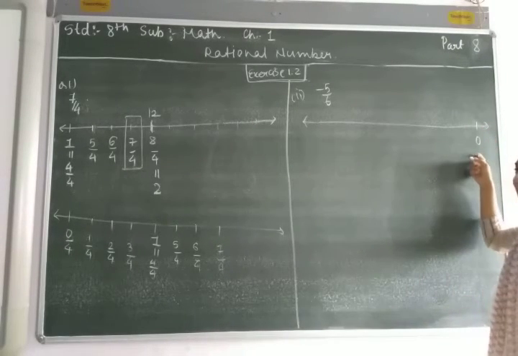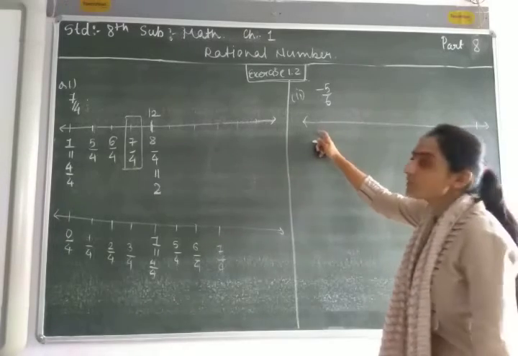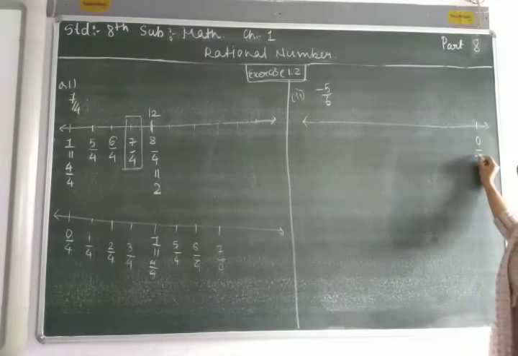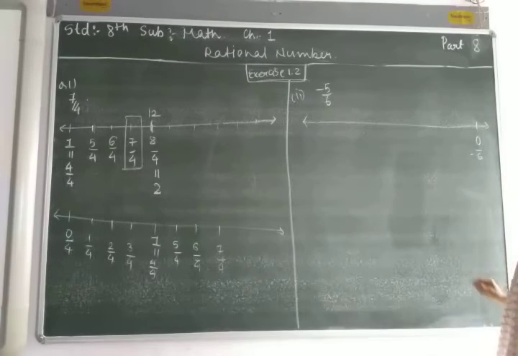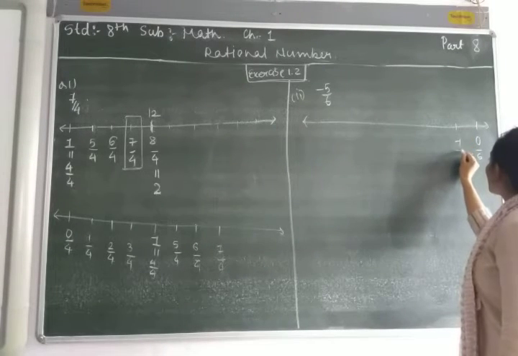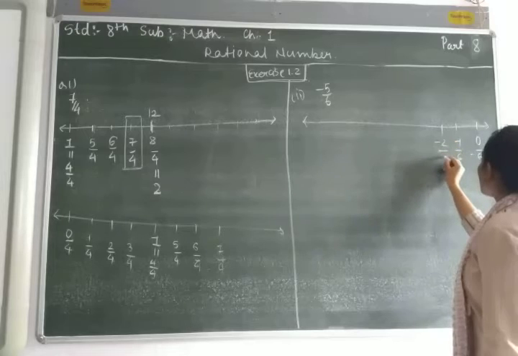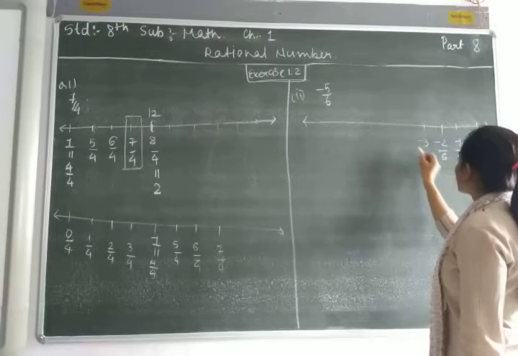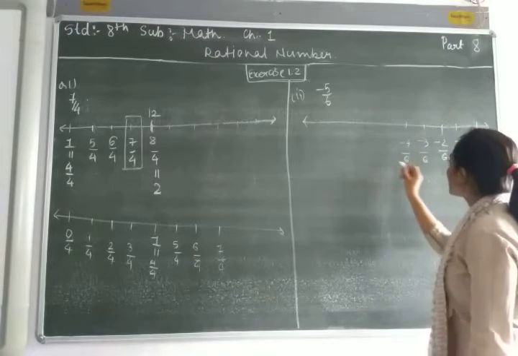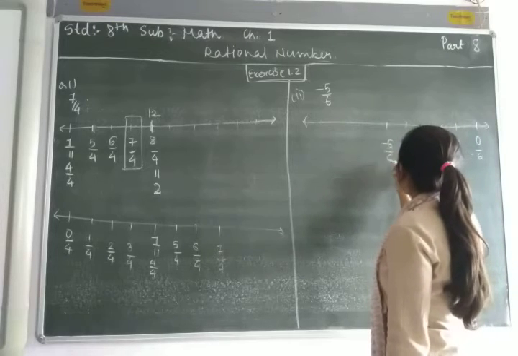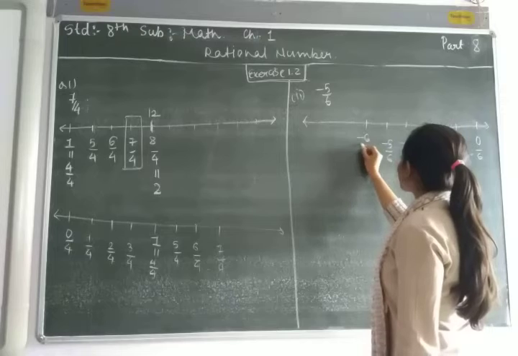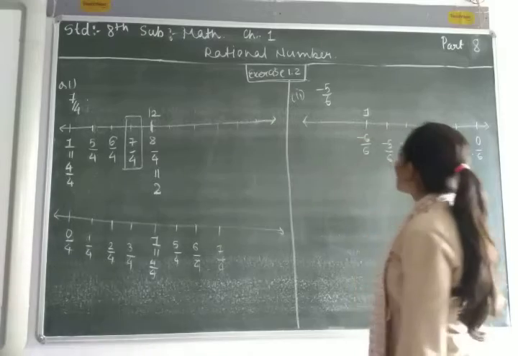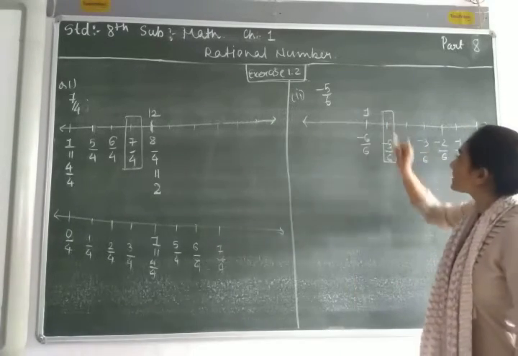So we write 0 over here and the negative numbers on the other side. Start this way: 0 by 6, then minus 1 by 6, minus 2 by 6, minus 3 by 6, minus 4 by 6, and minus 5 by 6, and minus 6 by 6 is nothing but minus 1. This way I can represent this number.